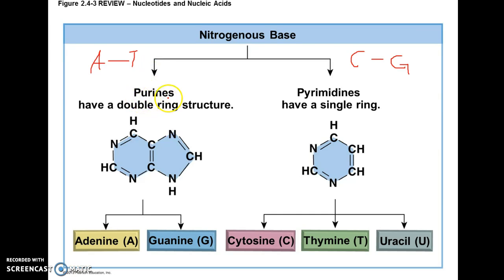But one quick little mnemonic that I use: your purines are pure as gold.